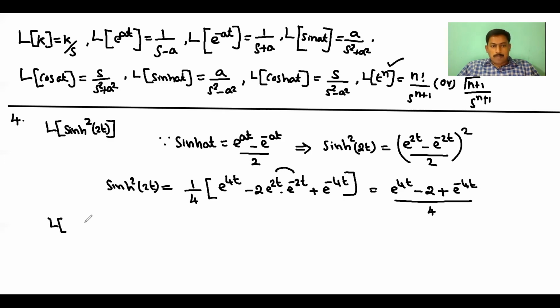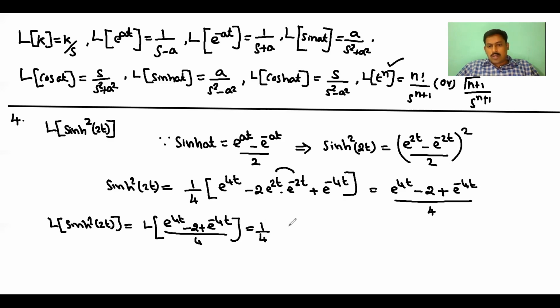Now if you take the Laplace transform of this, you will get L of sinh square 2t equal to L of e power 4t minus 2 plus e power minus 4t, divided by 4. So take 1 by 4 out and apply the Laplace transformation for the function: L of e power 4t minus L of 2 plus L of e power minus 4t.